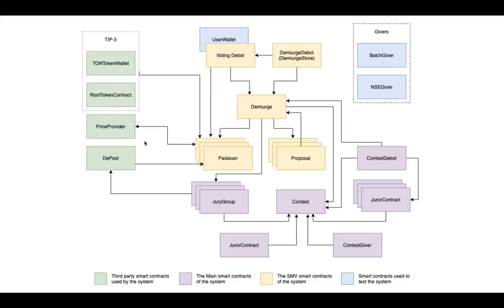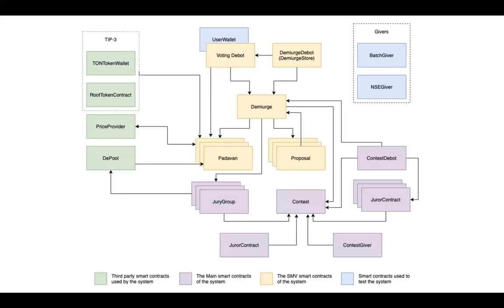The price provider in this case is just an interface, which will be developed not in... Sorry, what does it do, the price provider? Why is it important? Yeah, I try to explain. Not explain, I try to introduce. Price provider is the interface which provides you the price of the TIP-3 token.